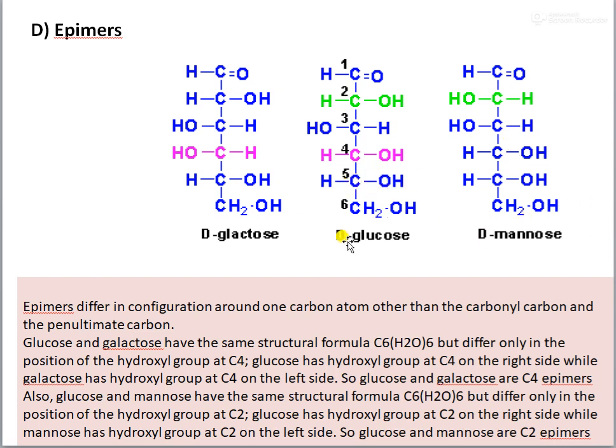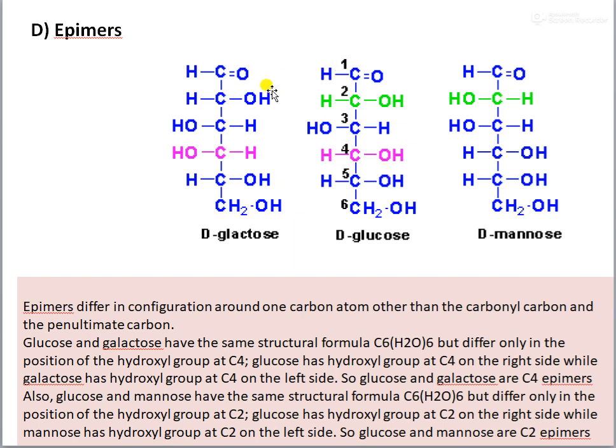C6 also. So D-glucose and D-mannose differ in the configuration around one carbon atom other than the carbonyl carbon atom and the penultimate carbon. This is the carbonyl carbon atom and this is the penultimate carbon atom. Other than these two, they differ at only one carbon atom.